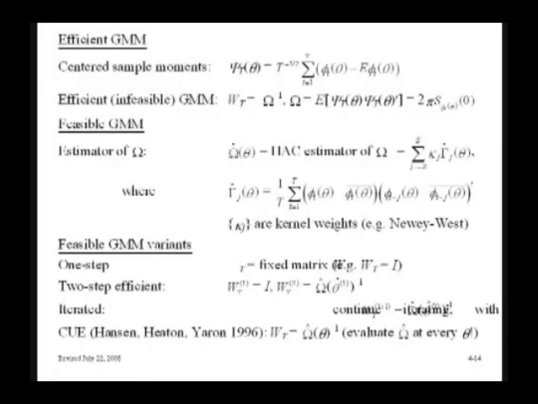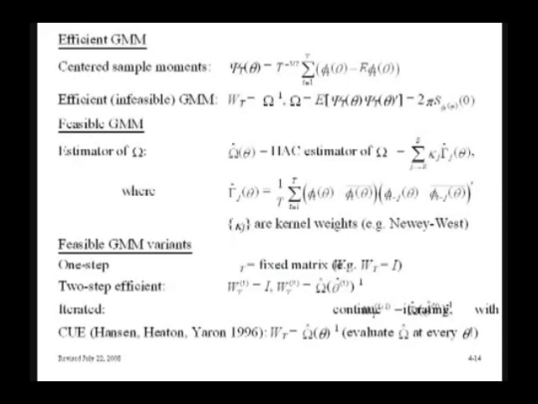Okay. So I'm going to go through the large sample distribution theory of GMM. I'm going to do so in a way that is not completely standard, because it's going to lead into how I'm going to talk about weak identification in GMM. So let me introduce a few things here.